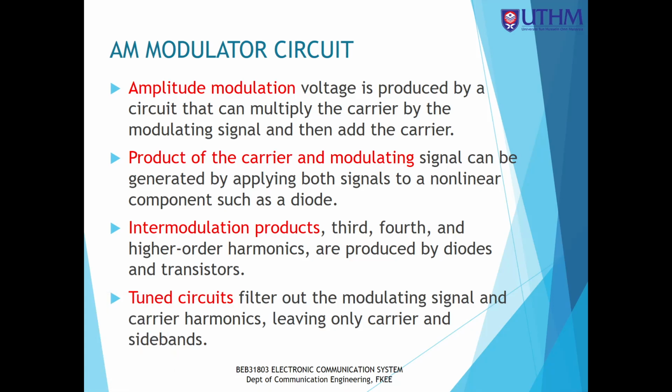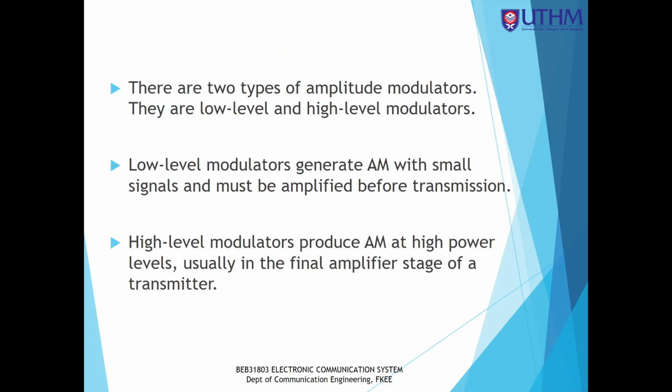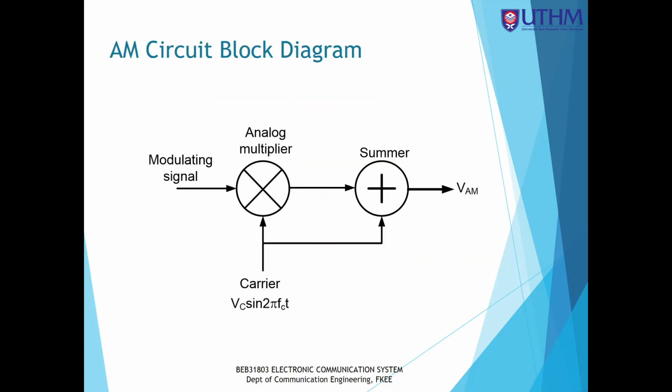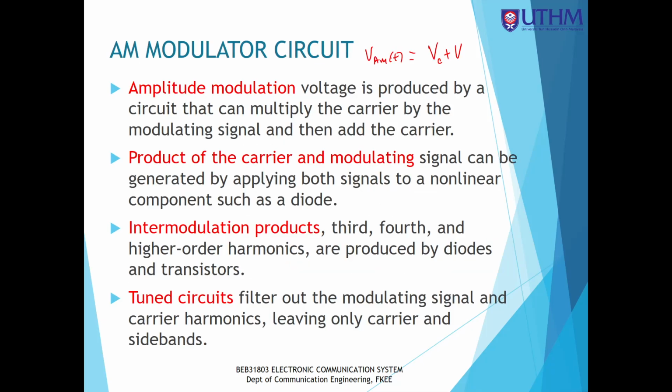In the earlier slides, remember that vAM(t) is defined from Vc plus Vm(t), and then multiplied with sine 2 pi fc t.